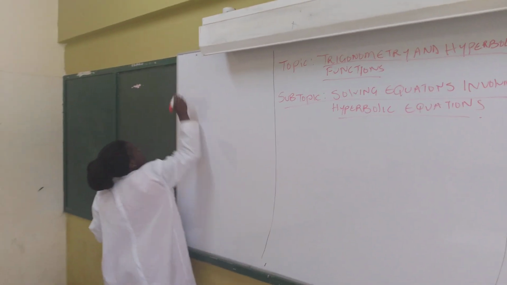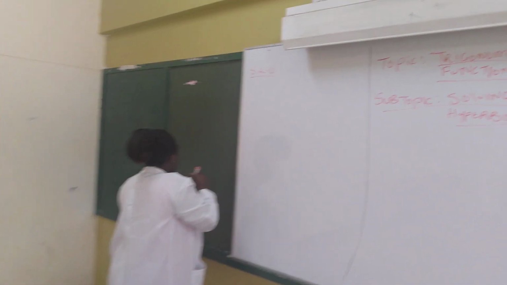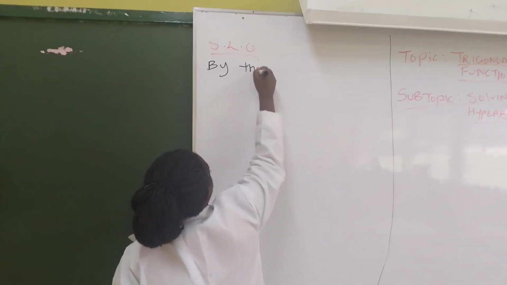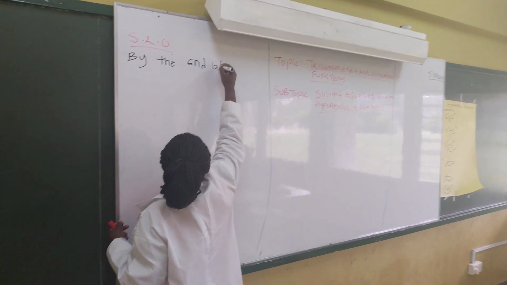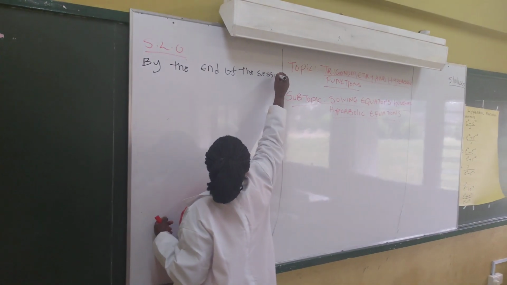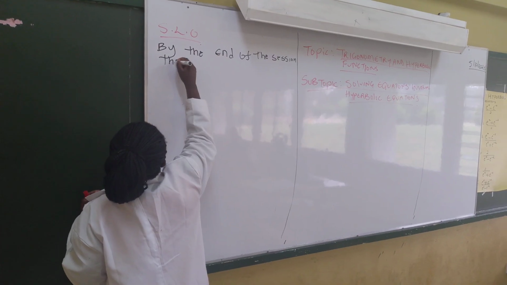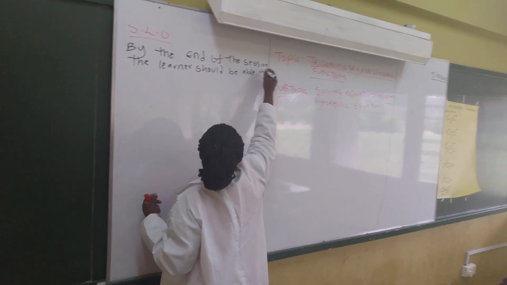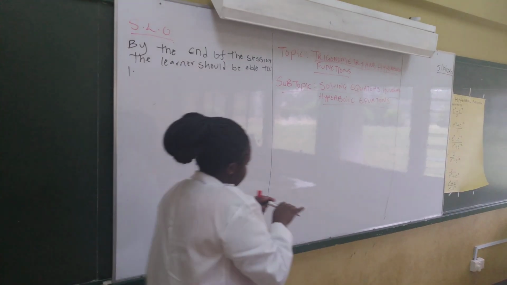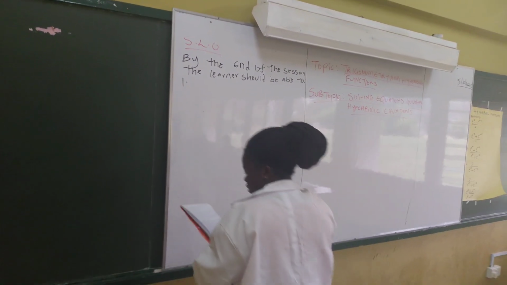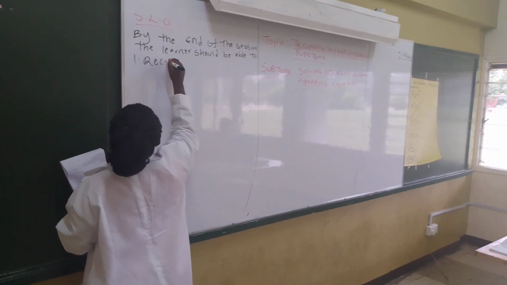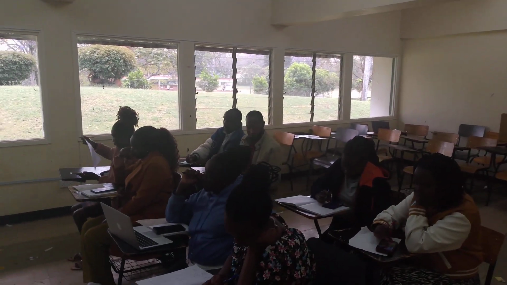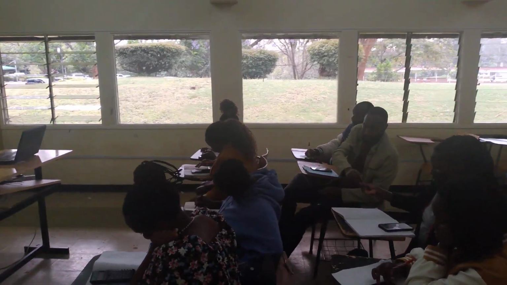So our specific learning outcomes: by the end of the session, the learner should be able to, number 1, recognize the standard form of equations involving hyperbolic functions.